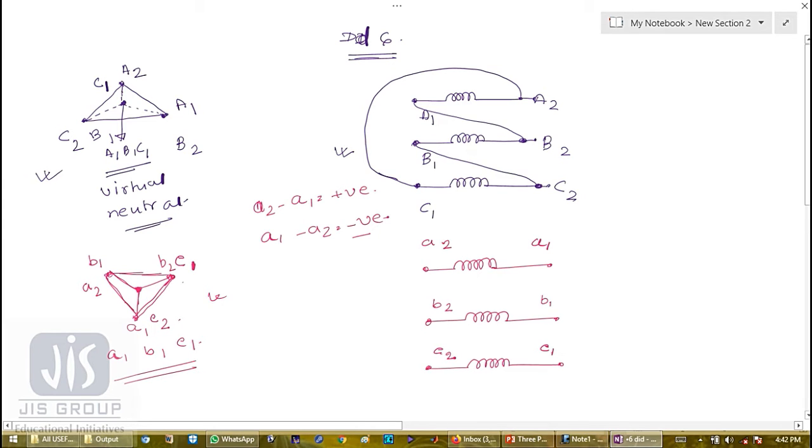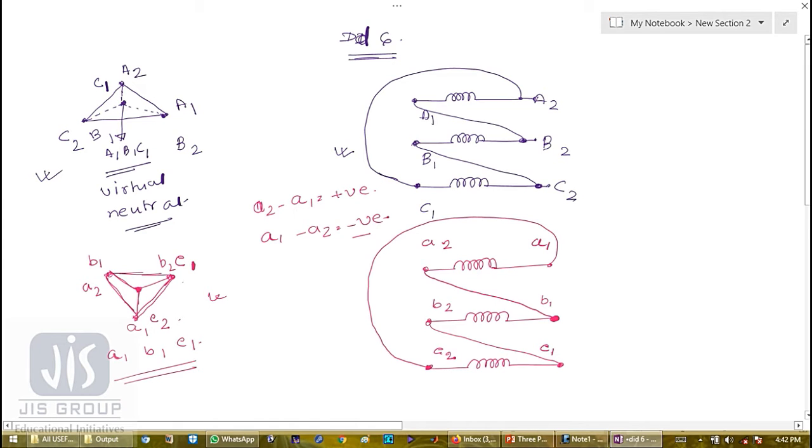So A2 B1. Okay, let me connect this. This is my A2 B1. Now B2 C1, let me connect B2 C1, and then A1 C2. Let me connect A1 C2.